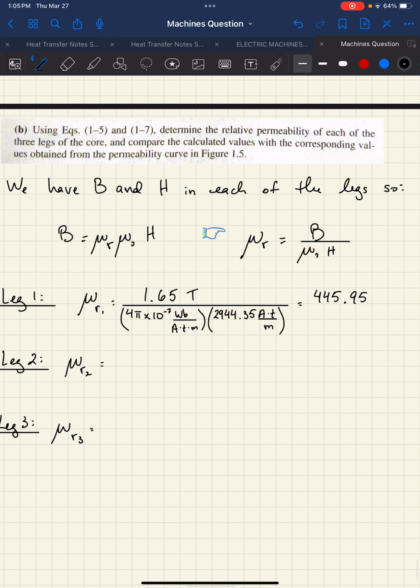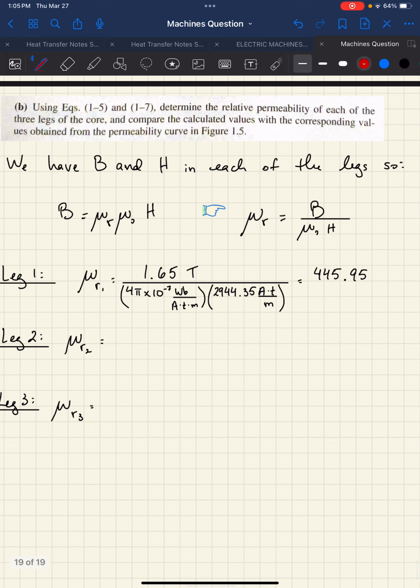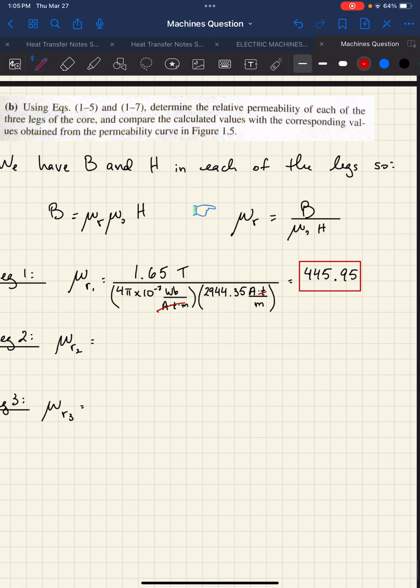Okay, unitless. The amp turns cancel amp turns, meters become meters squared, and Weber per meter squared is Tesla. So basically the Teslas cancel, and you just get unitless.